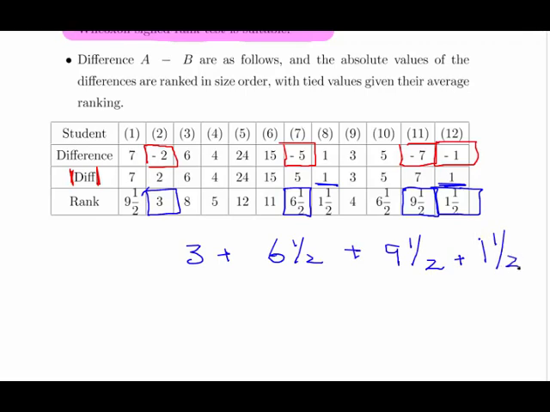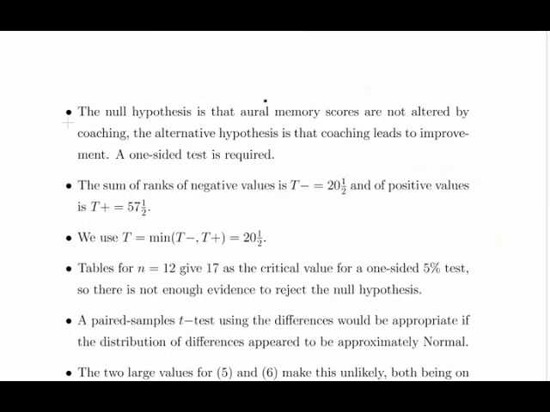Those are the sums of the ranks for the negative differences, when we look at the absolute differences. That's important. What does that work out to be? 20.5. Now if you do it for the positive ranks as well, it should work out to be 57.5.